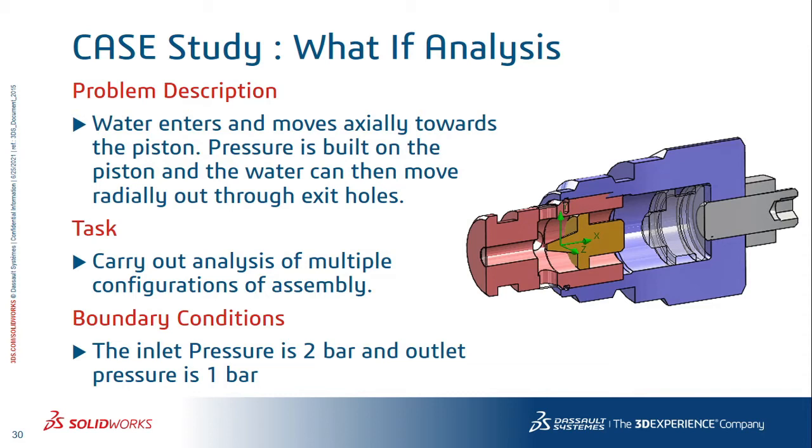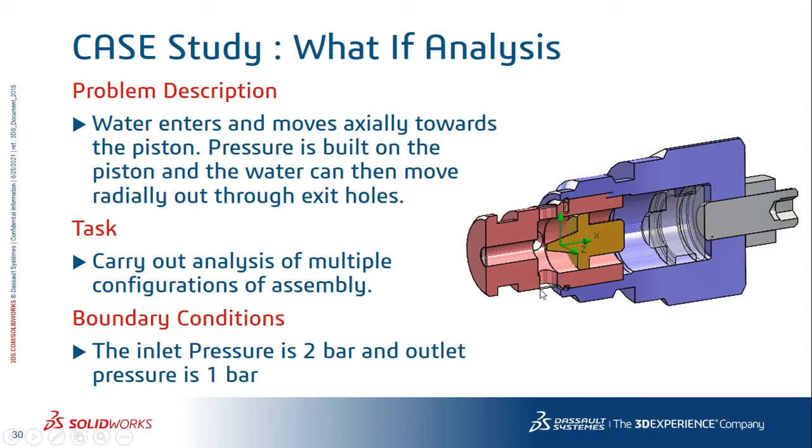Now this is an example of a piston wall. The water enters and moves towards the piston from one end. Pressure is built on the piston and the water can then move radially out through the exit holes. There are these exit holes over here.